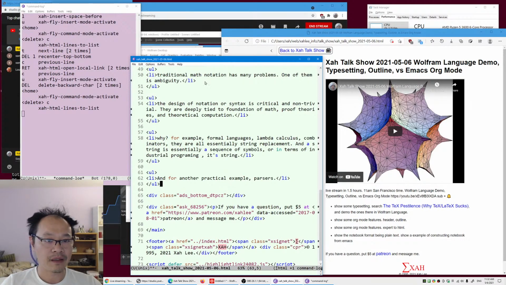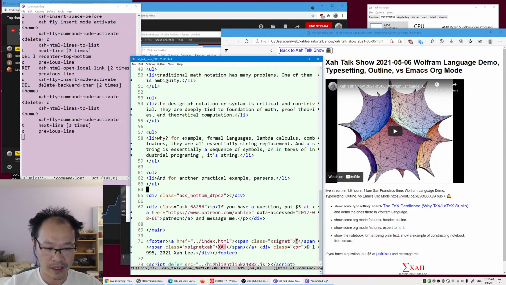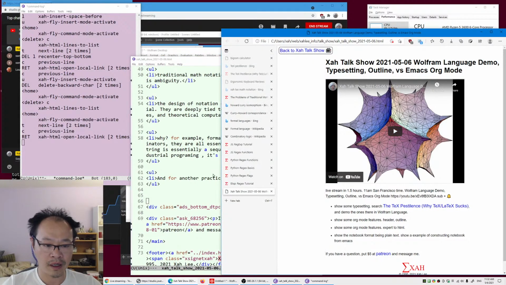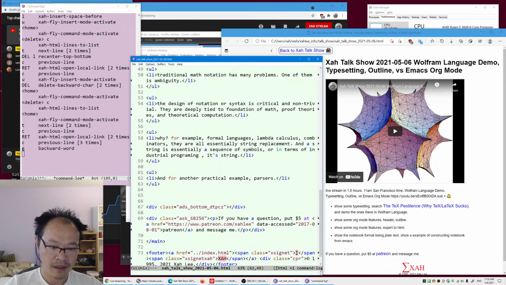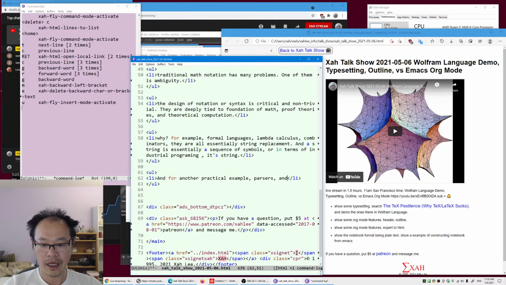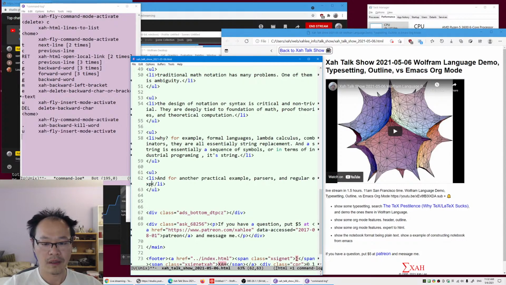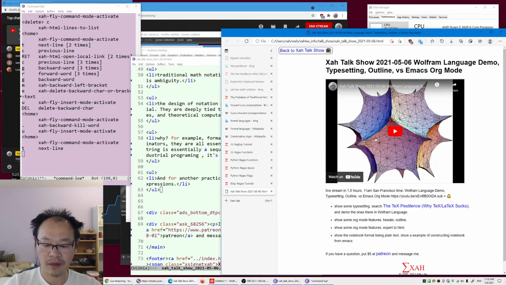More or less. Let me go back, we are getting far. So for another practical example, parsers and regular expressions. I'm showing you why I say they are tied together.